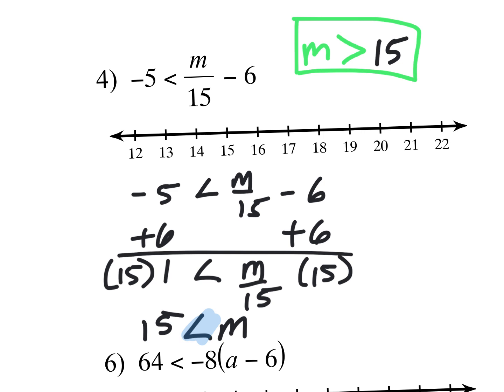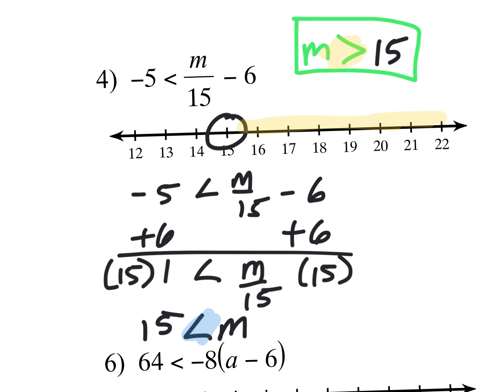So why am I not going to fill in my circle for that 15? No equal to, exactly. And is the alligator eating the variable or the number? It's eating the variable. That means the variable's bigger than 15. Where are the numbers bigger than 15?